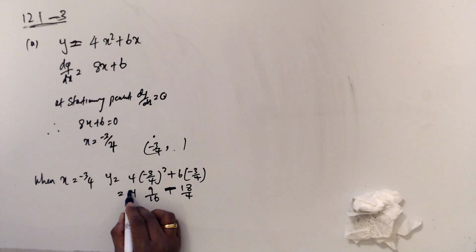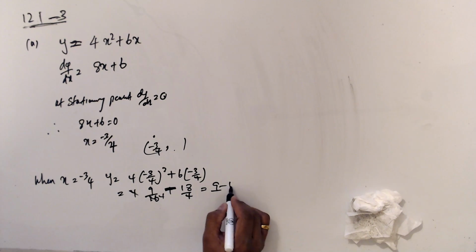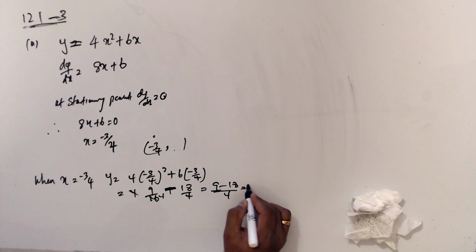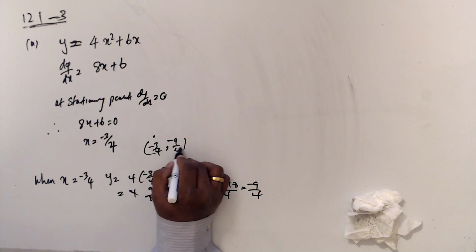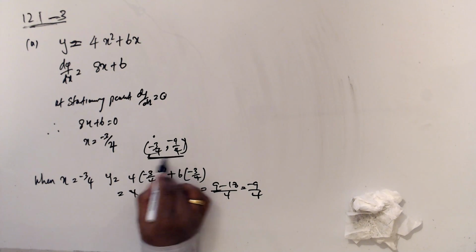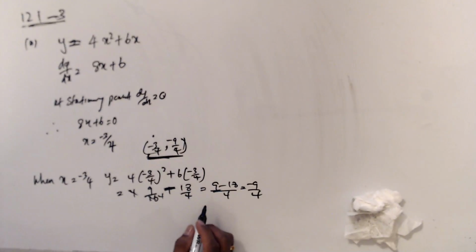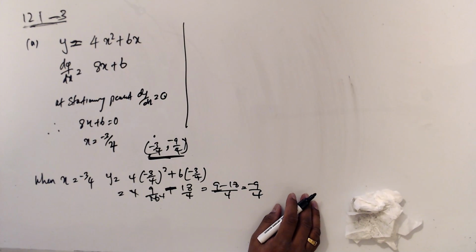So this 4 is cancelled out. 9 over 4 minus 18 over 4, minus 9 over 4. So the point is now minus 9 over 4. Now what kind of point is this one? Maximum, minimum or point of inflection.